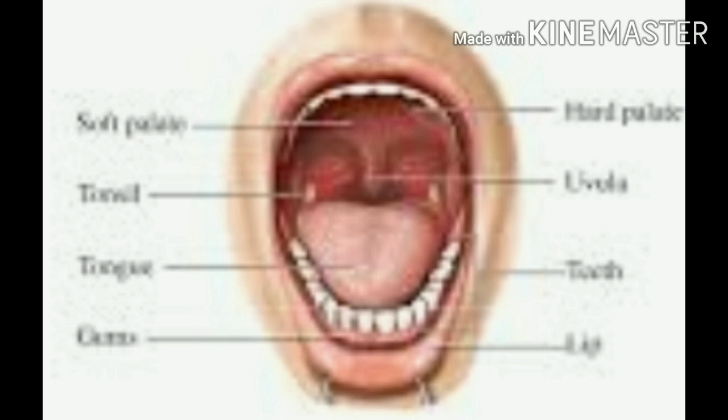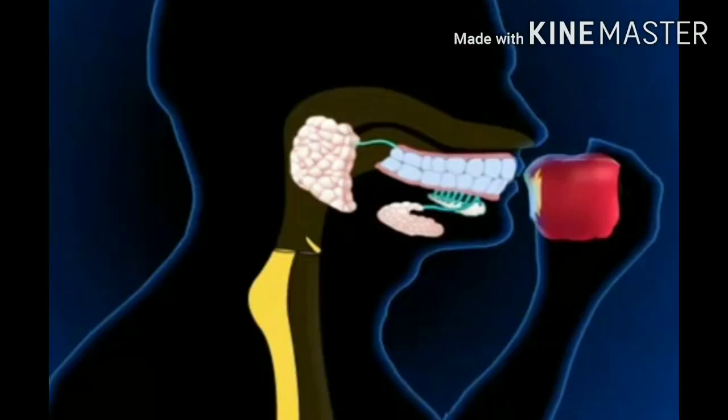The tongue tastes food and moves it into the pharynx. Teeth help in biting, cutting and chewing food. Teeth masticate the food, and this makes it easier to swallow and increases its surface area for various digestive secretions to act on.